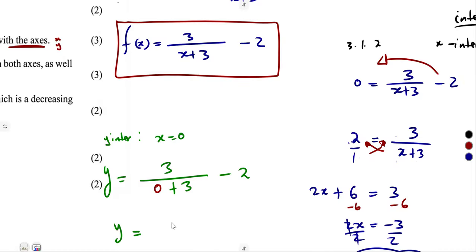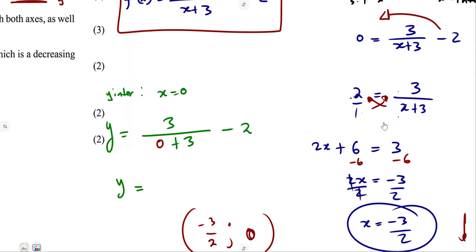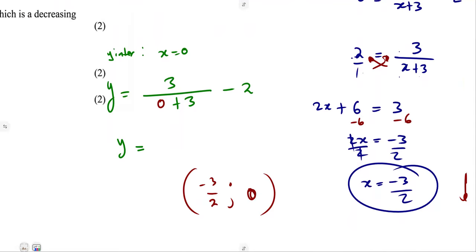If we simplify this, that's 1 minus 2, which is negative 1. So we're going to have x is 0, y is negative 1. So this is our y-intercept, and this is our x-intercept.